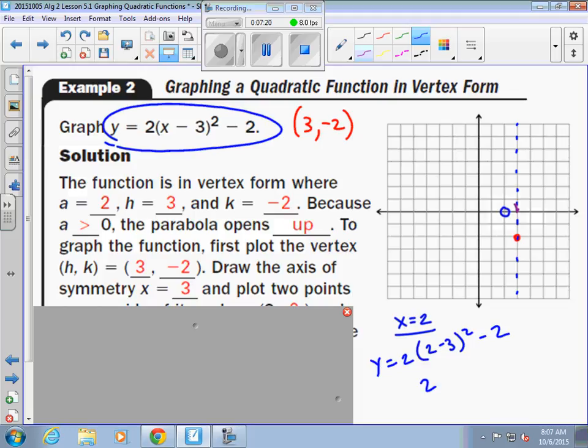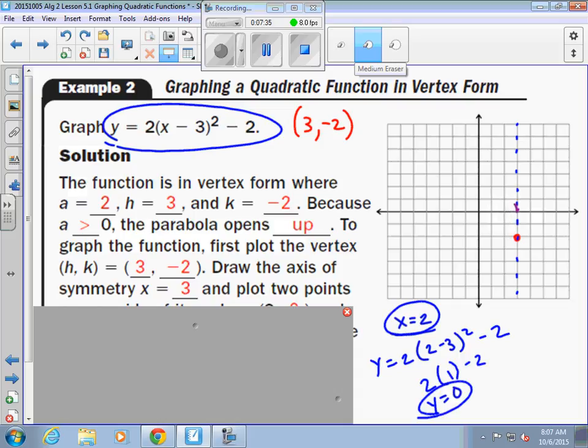So we have 2 times 1 minus 2. 2 times 1 is 2, minus 2. So what's our y value going to be? y is 0. So when x is 2, y is 0. I didn't mean to circle that, but it just worked out that way. That point right there, when x is 2, y is 0.